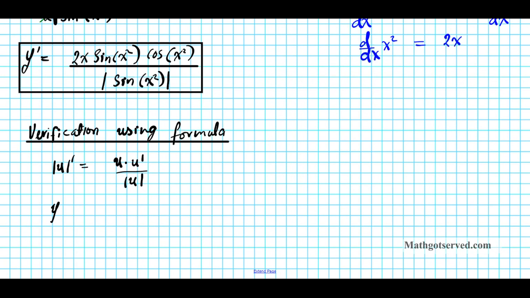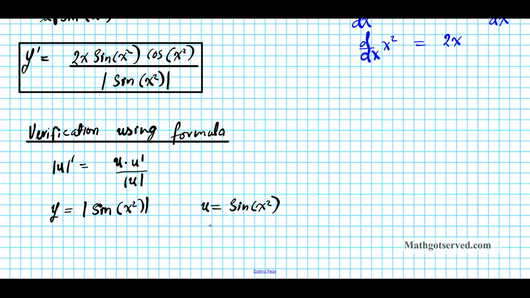In this case, we have y equal to the absolute value of sine x squared. So we can clearly see that what we're taking the absolute value of is sine x squared. So u is equal to sine x squared.